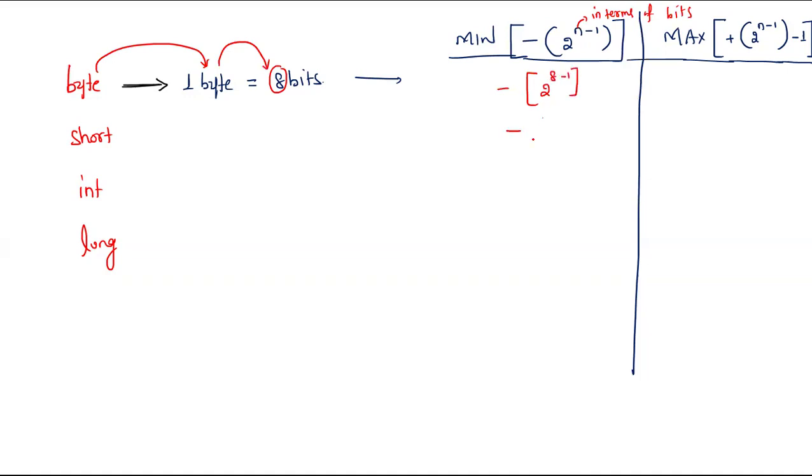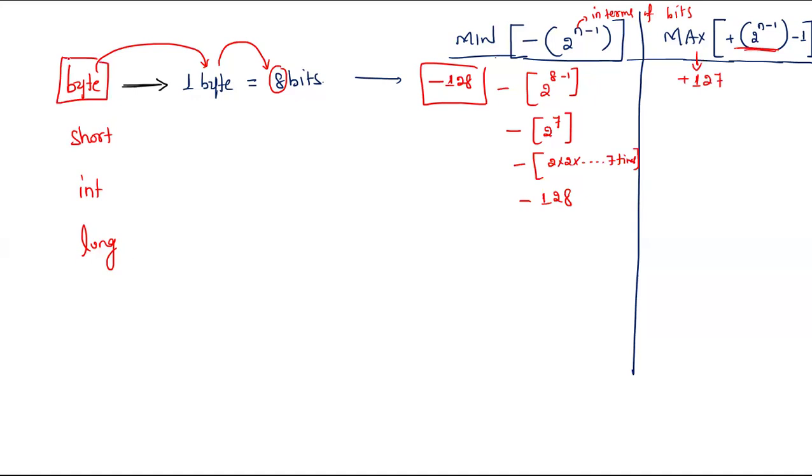So minus 2 to the power of 7, that is 2 into 2 into 2, multiplied 7 times. This gives the answer as minus 128. The simplest conclusion: by using the byte data type, the minimum value that we can store is minus 128. And the maximum value is 128 minus 1, that is plus 127.